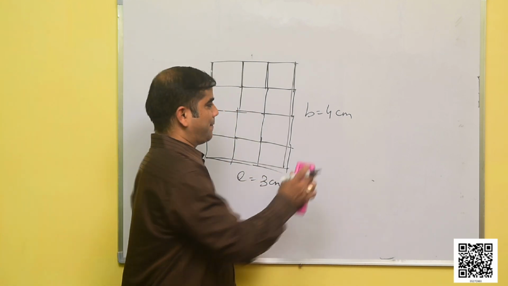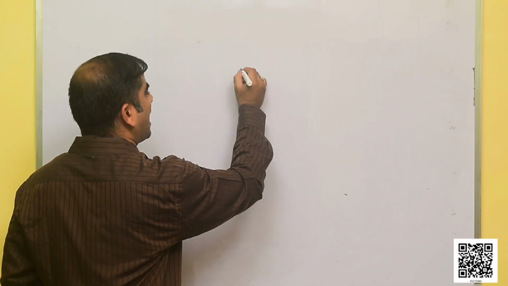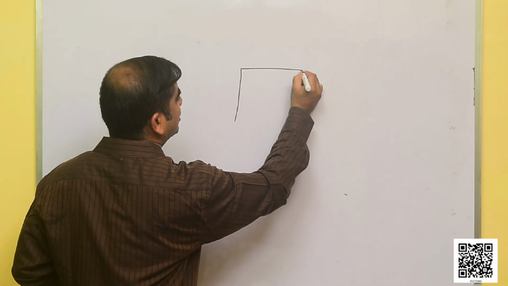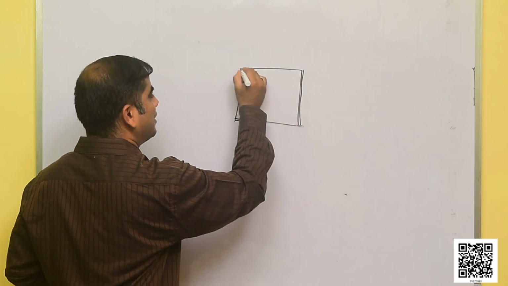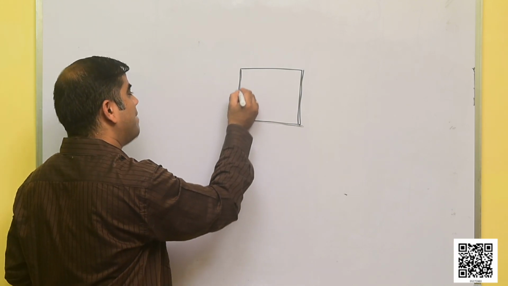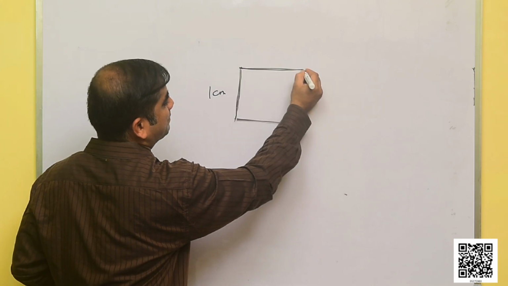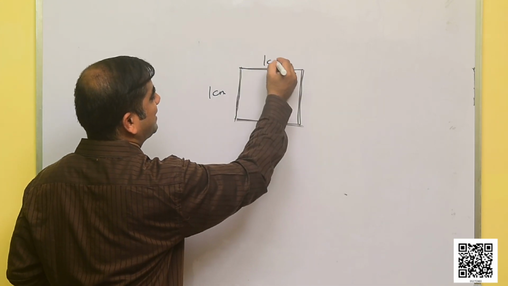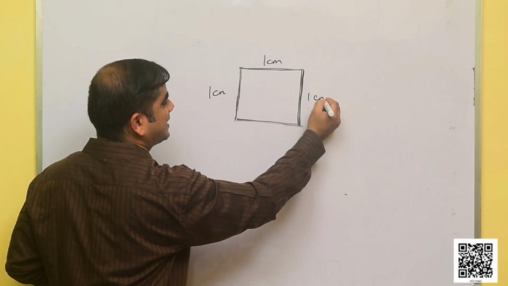One other thing, all these rectangles or squares have a boundary. See, this is a square of side 1 centimeter. So if I start from here and go around, I am covering 1 centimeter. Then I go from this point to this point, 1 centimeter. From here I come down to this point, 1 centimeter.